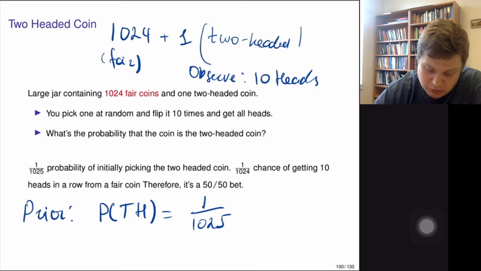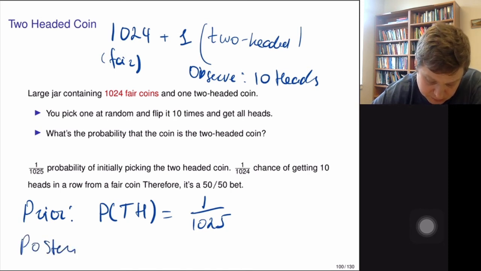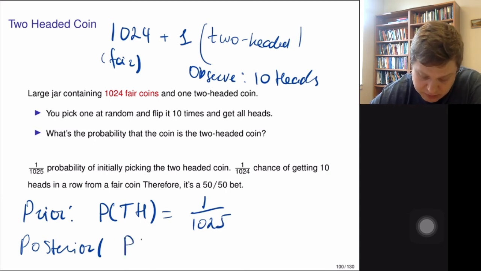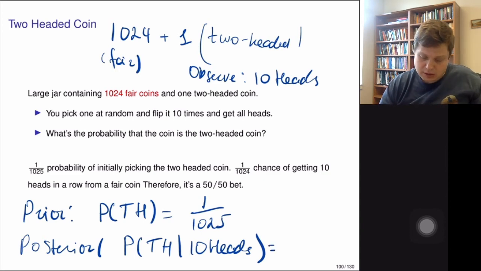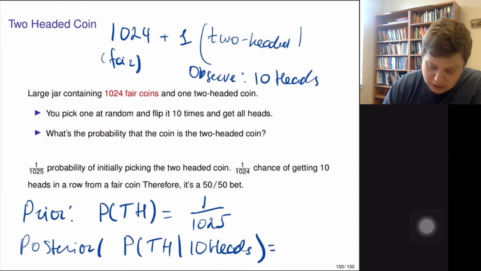Now what we're interested in is the posterior, because we collected some data. We want to know the probability of a two-headed coin, given that we saw 10 heads. So we collected some data about this coin, and now we want to update our probability about what type of coin it is.